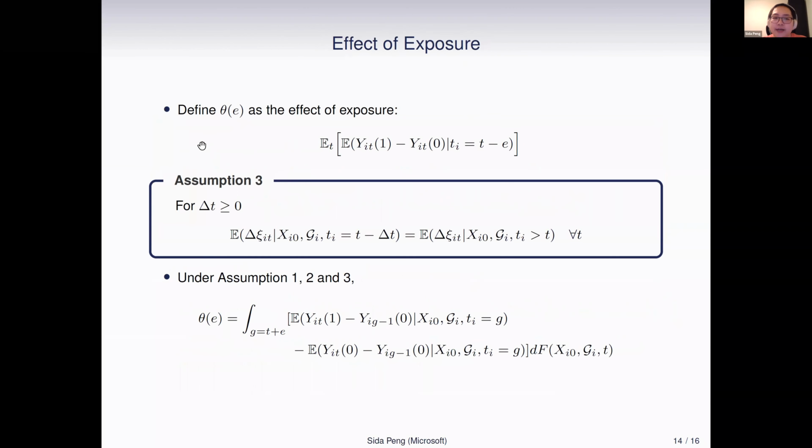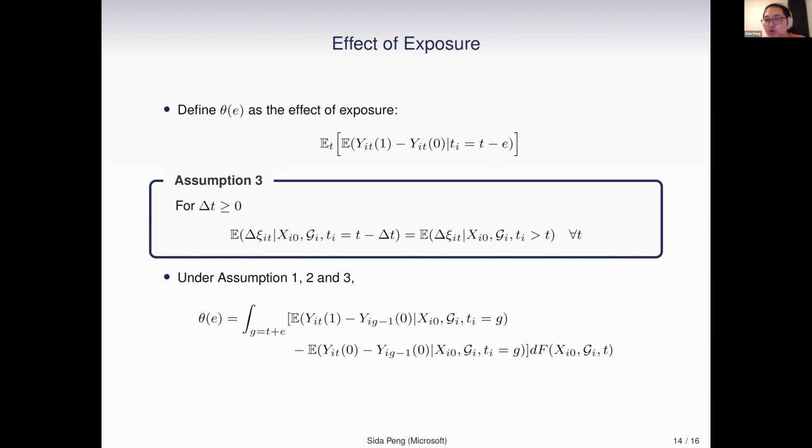So what we define here is the effect of exposure. It is defined as the difference in the potential outcome at time t if you adopted versus you haven't adopted, given that you adopted at time t minus e. Then we integrate over the distribution of t. Here we need a stronger assumption to compute this: the parallel trends assumption still needs to hold even after you adopt.